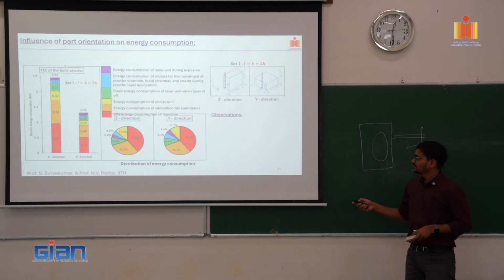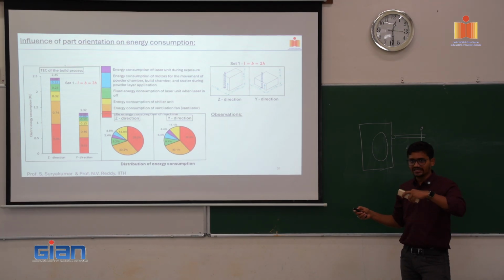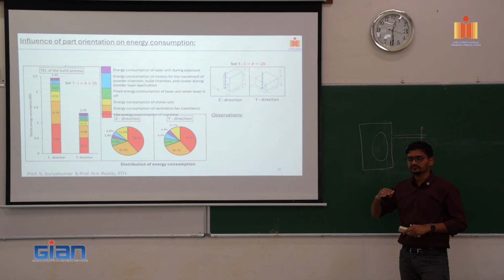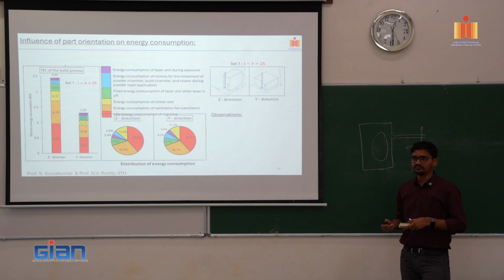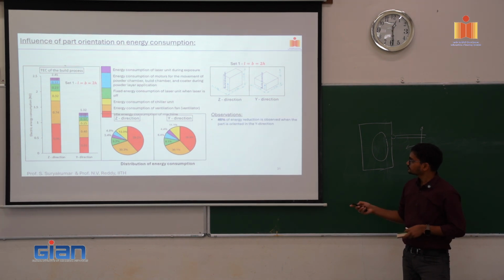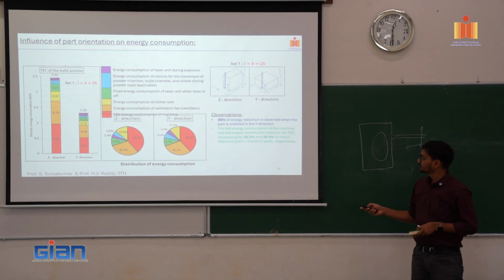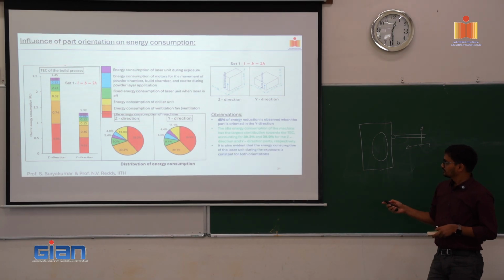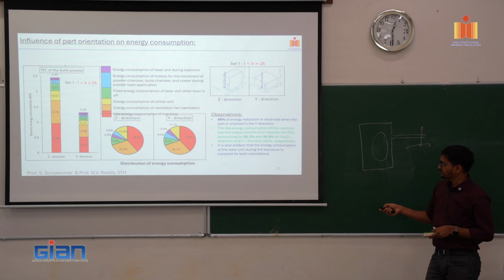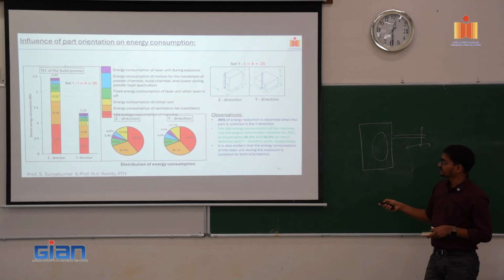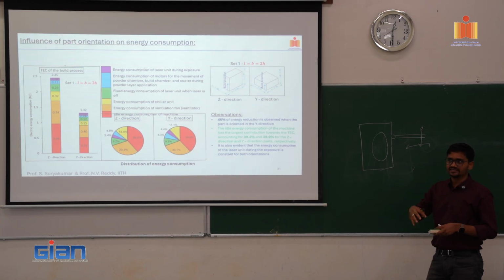But when you build in the Z direction, the number of layers is more, so that causes more energy intensive turns. So the observation is that a 46% energy reduction is seen when you orient it in the Y direction, even though the energy consumption of the laser unit is similar.